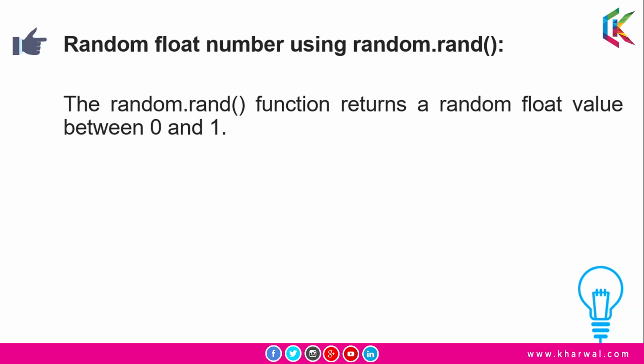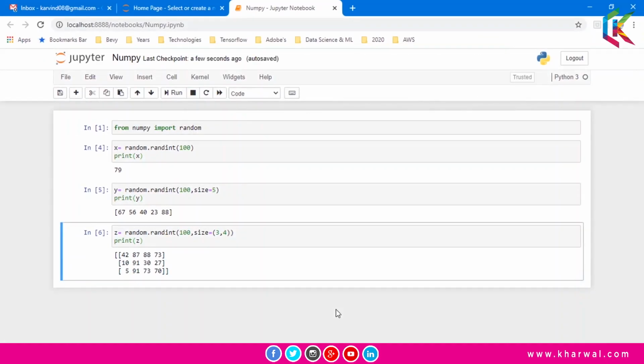Now guys, we are going to generate random float numbers by using the random.rand function. The random.rand function returns a random float value between 0 and 1. So guys, let me open up the Jupyter notebook. So guys, now we are going to find out the random float number by using the random.rand function.